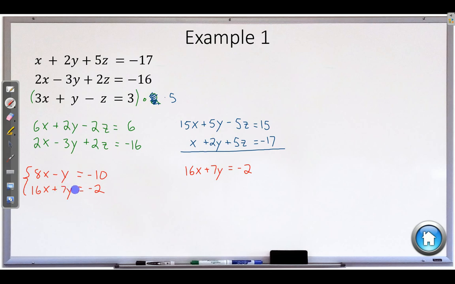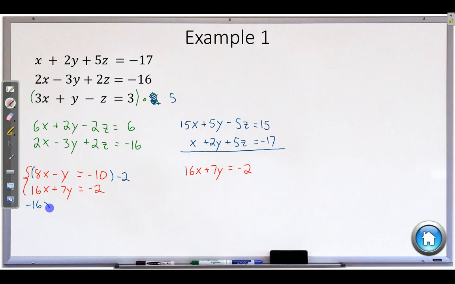Let's see, I think what I'm going to do is multiply the top one by negative 2. And if I multiply the top one by negative 2, this 8 will become a negative 16 and cancel that out. So I'll write it right underneath.